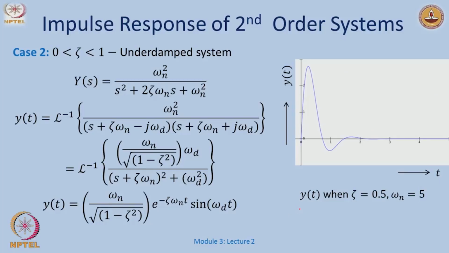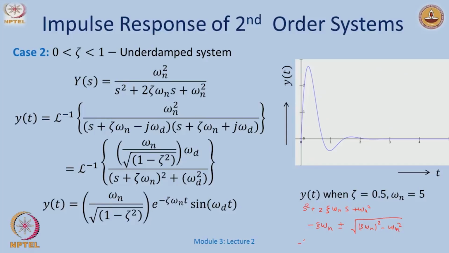Look at the denominator: s squared plus 2 zeta omega n s plus omega n squared. To find the roots, they would be minus zeta omega n plus or minus the square root of (zeta omega n) squared minus omega n squared, divided by 2, the standard formula.